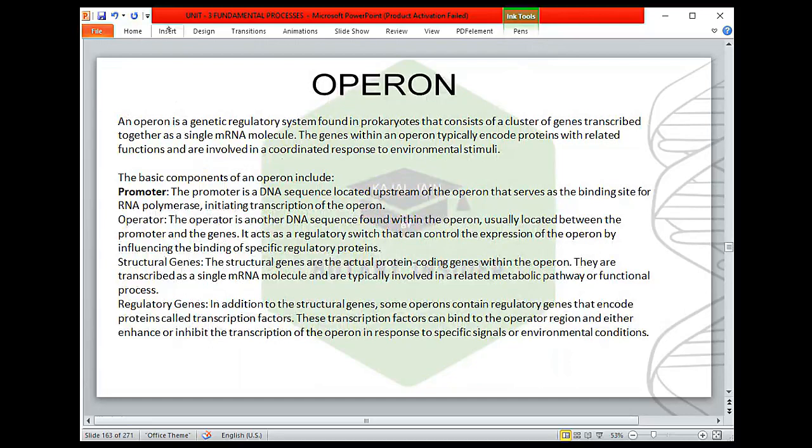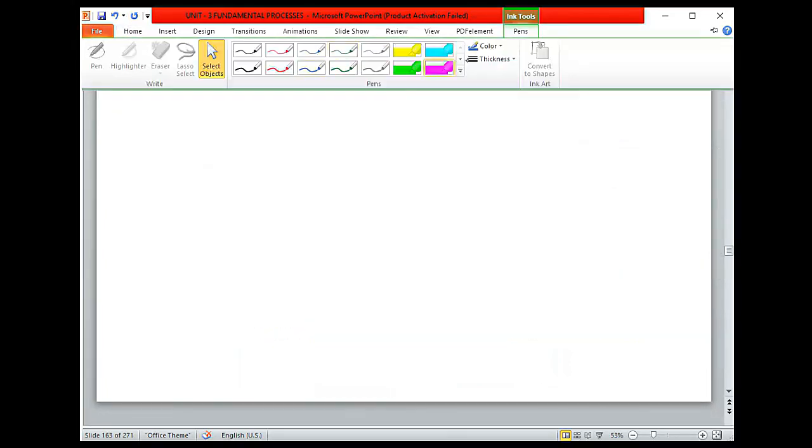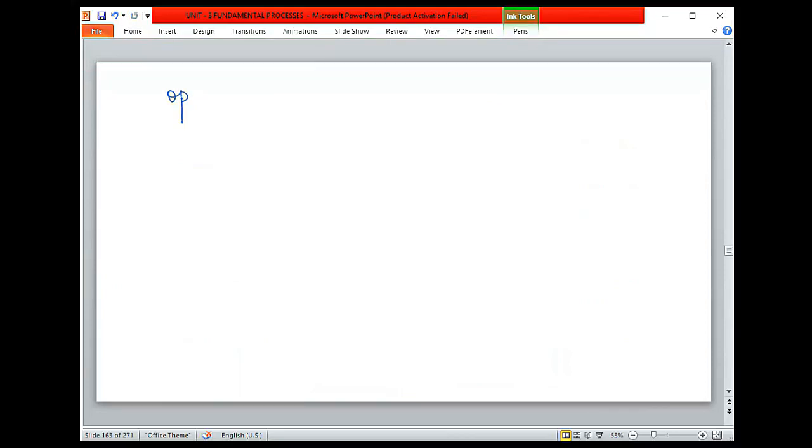Operon, in very simple terms, means an arrangement of the genes in such a manner that it is helping in either the breakdown or the formation of an entity.